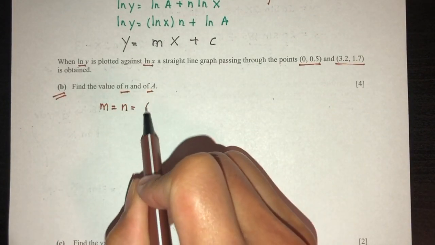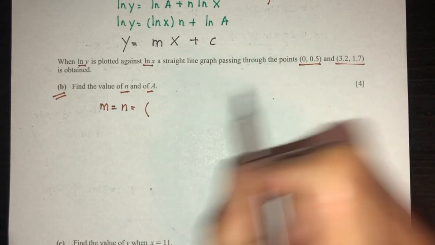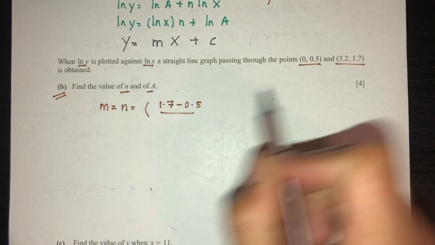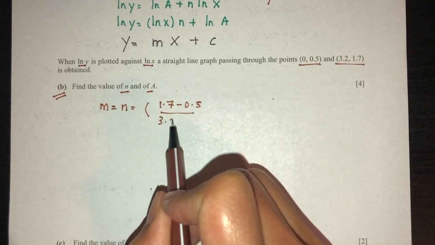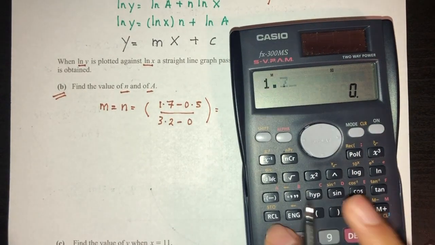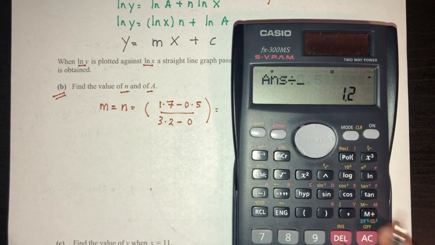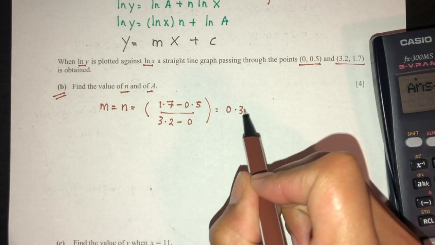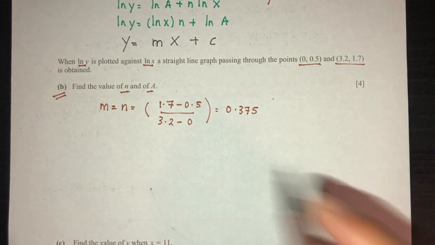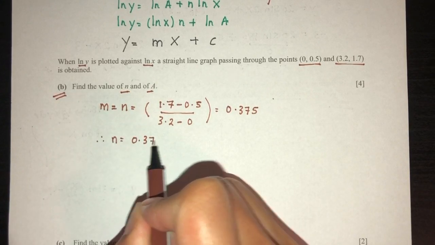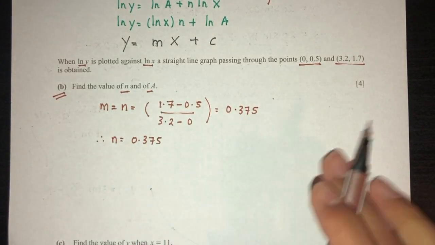We can find this by using our formula, y2 minus y1 divided by x2 minus x1. Let's see, what do we get? 1.7 minus 0.5 divided by 3.2. That should be 0.375. So your value of n is 0.375.